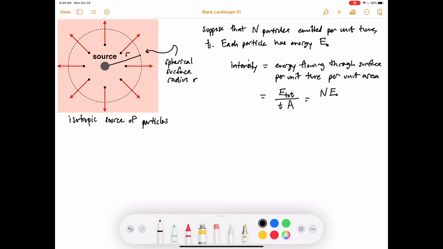On the bottom, we have the time t, and then the area of our surface, which is 4 pi r squared. So the point here is n, E naught, and t, and then the 4 pi factor, these are just a bunch of constants. So the intensity is proportional to 1 over r squared. This follows the inverse square law.